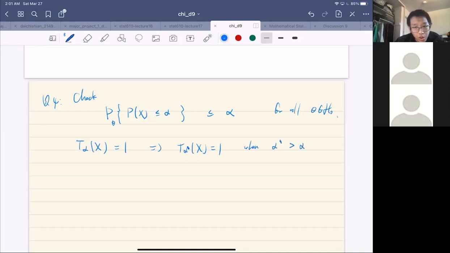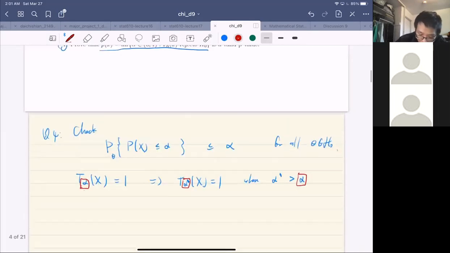So if we reject for a small value of alpha, then we will reject for any alpha' greater than this alpha. So if we reject with the smaller significance level, we will also reject at any significance level greater than alpha. So we have this property.